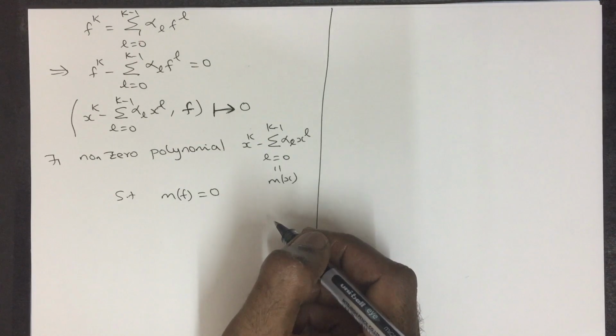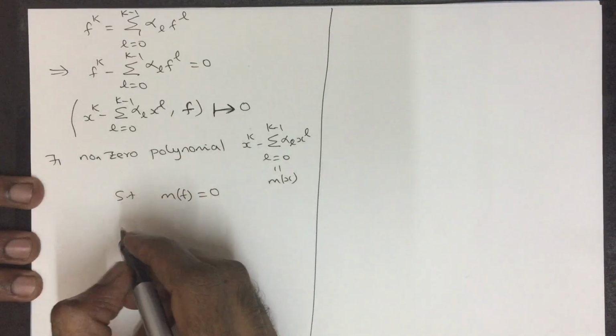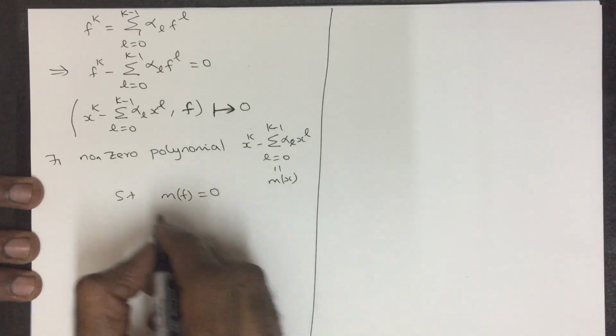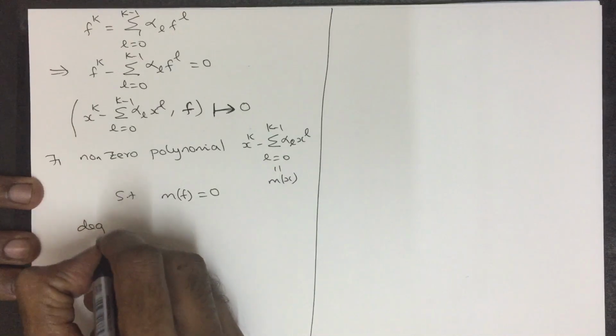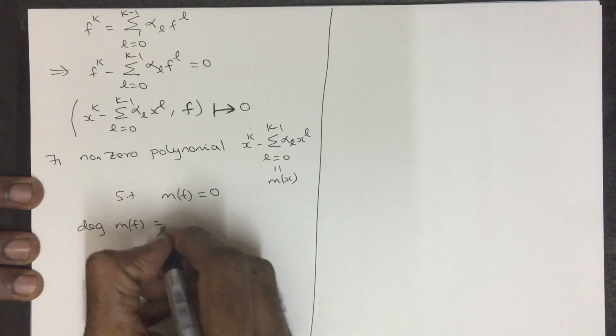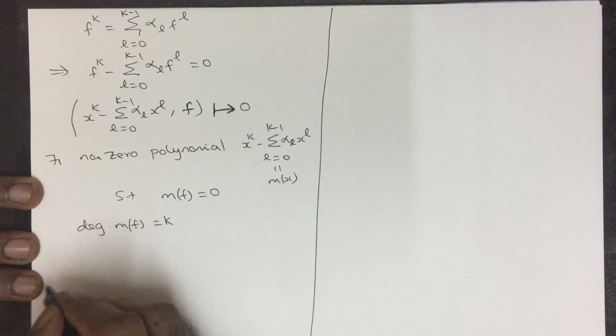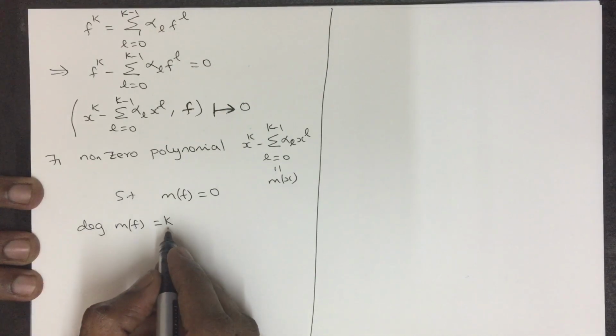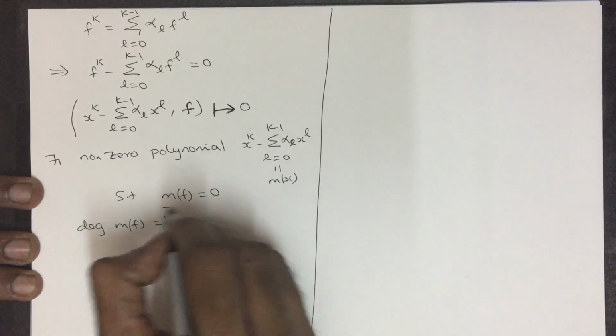One more thing that we have to observe here is that the degree of m of x is k. And if you take any polynomial of degree less than k, then this property is not true.